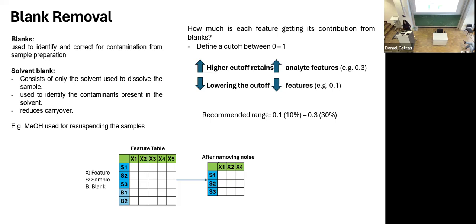Once you perform the blank removal, as you can see here, the blank samples and their corresponding features, which could have been part of all the other samples, are also removed. So you just have the different sorts of samples. By samples, I mean the control, treatment, all those things.